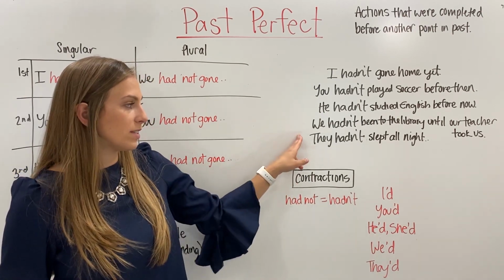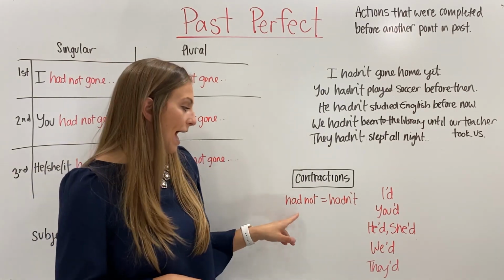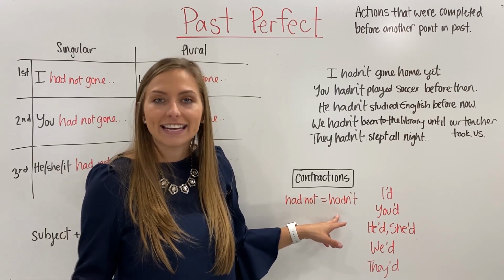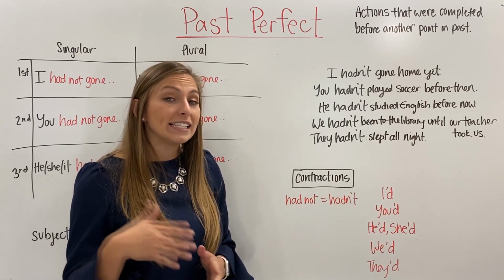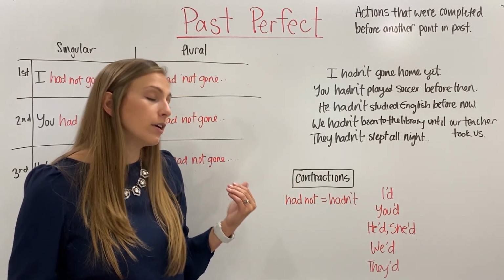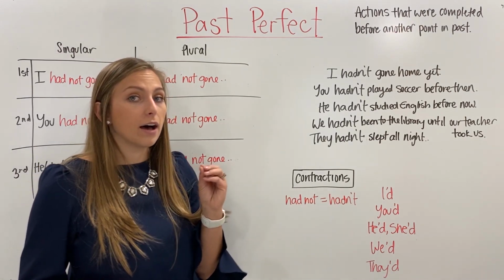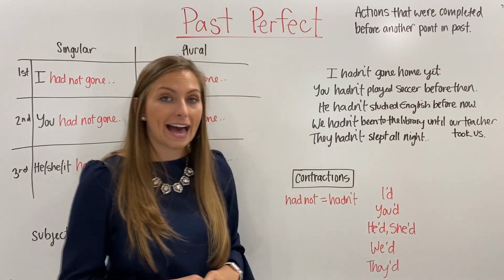So some things to point out. Contractions. As you can see, I used a contraction here to bring together had and not. So we can say hadn't. Again, hadn't. Now, I didn't mention on the affirmative, but we can also use contractions with our different subjects and had.